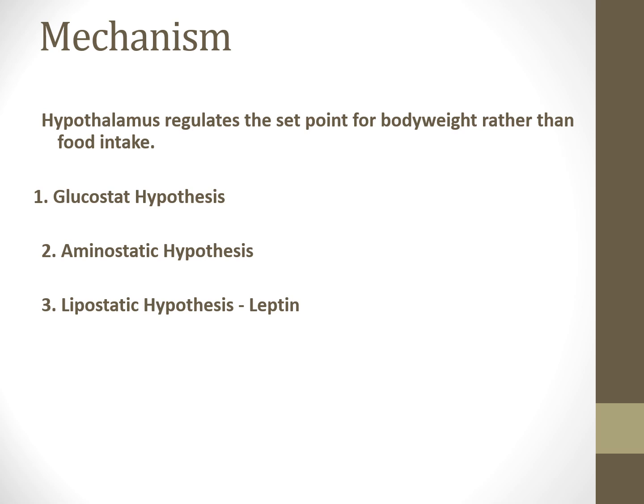We eat, and immediately the blood glucose level is going to increase. In the hypothalamus, in particular nuclei, we have receptors which sense the increase in blood glucose level.